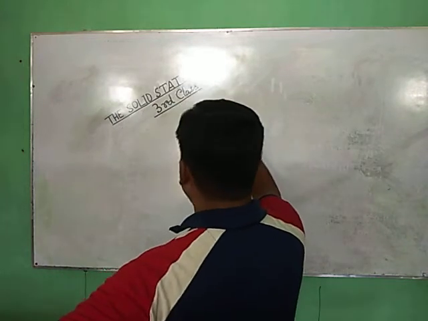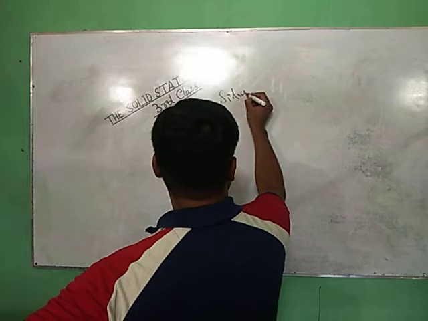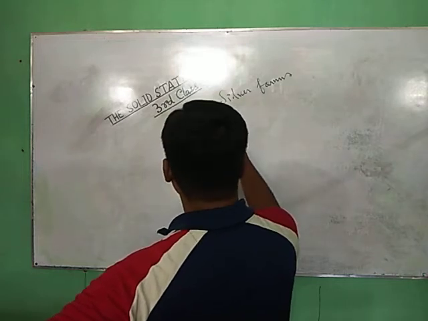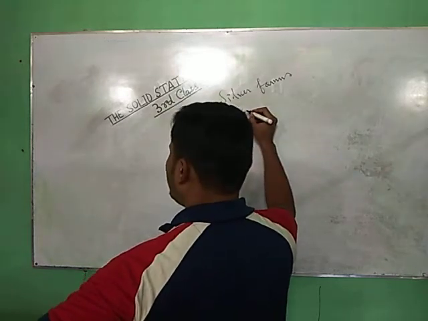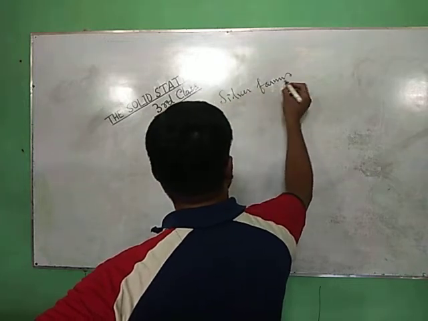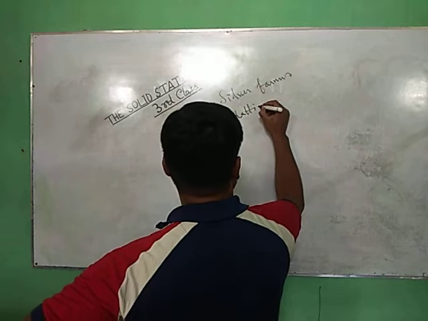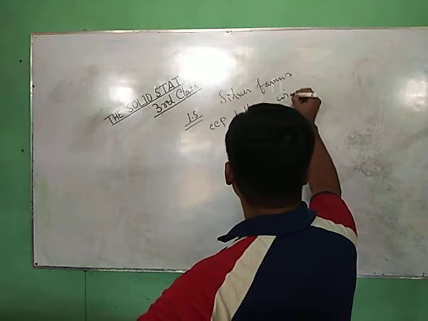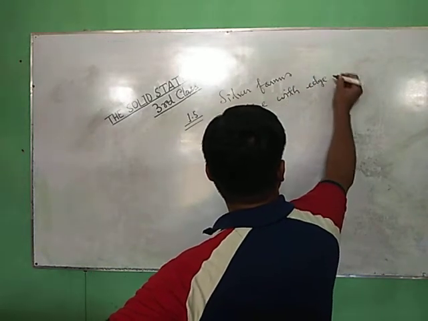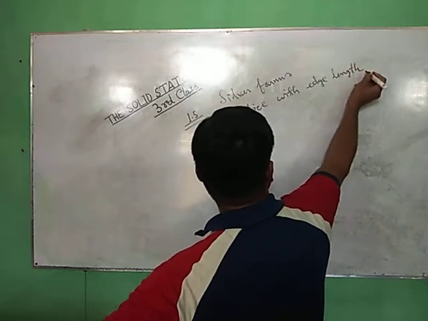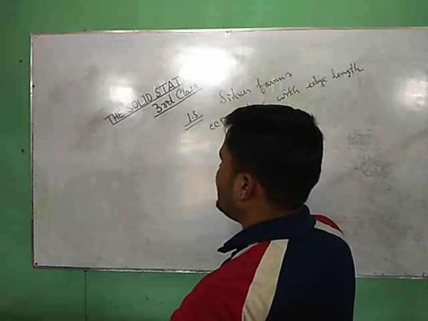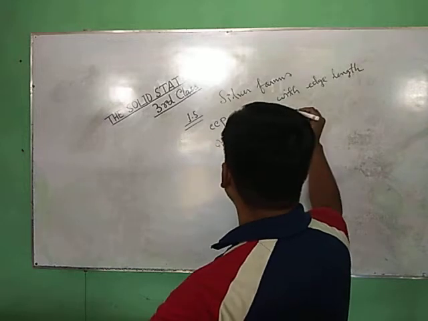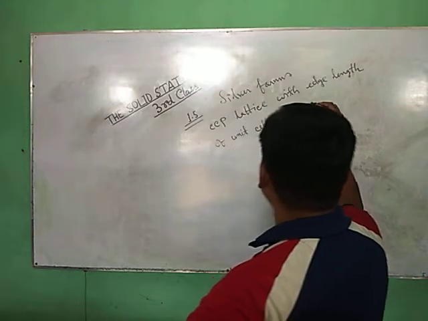Silver forms a CCP lattice, with edge length of unit cell 408.6 picometer.